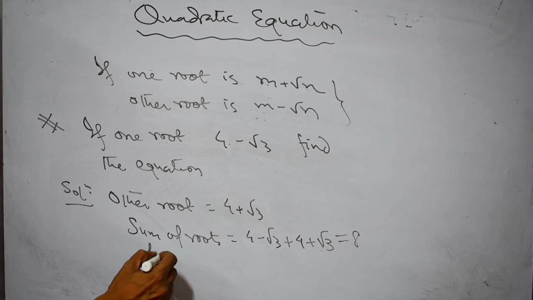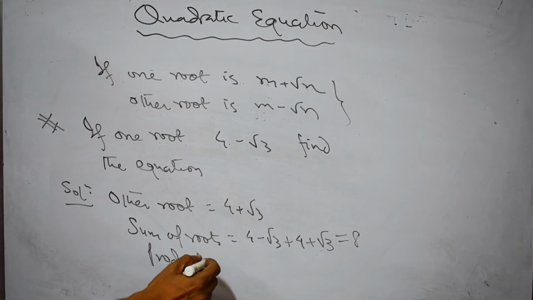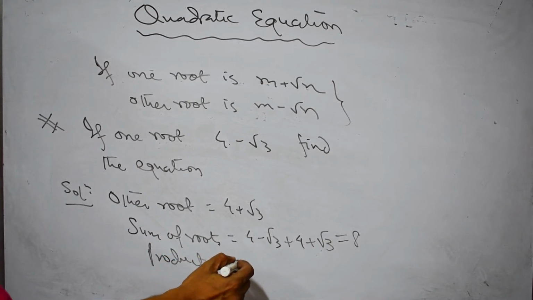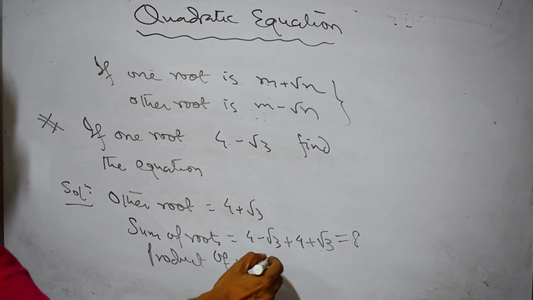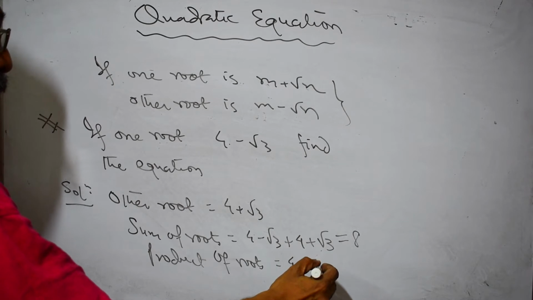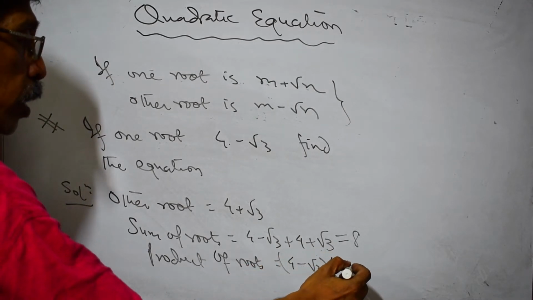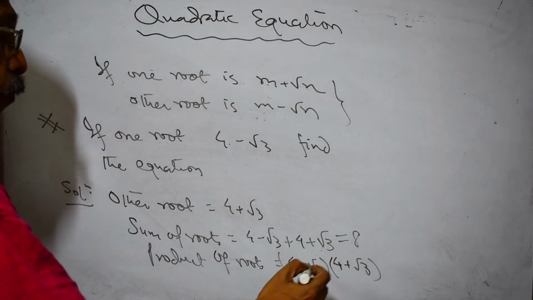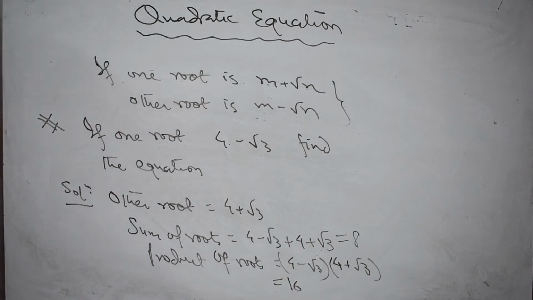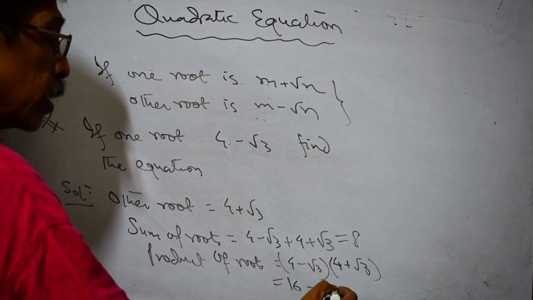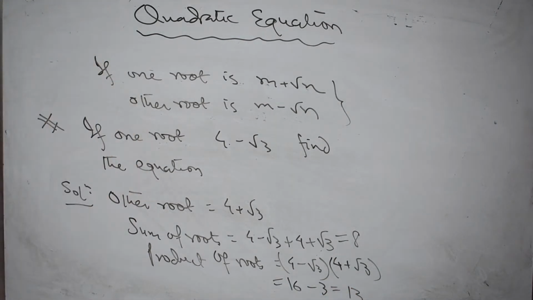And the product of the roots we will get by multiplying these two: 4 minus root 3 into 4 plus root 3. When you multiply these two, 4 fours are 16, root 3 into root 3 is 3, so that is 13. So now you have the idea.